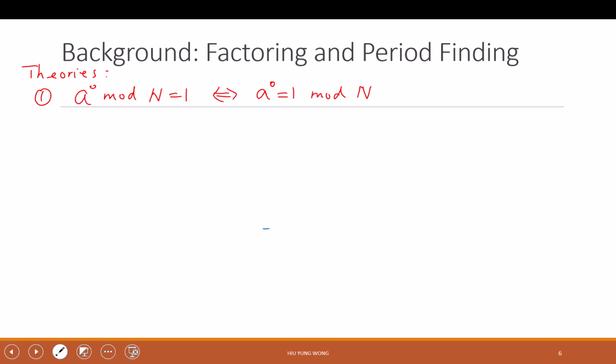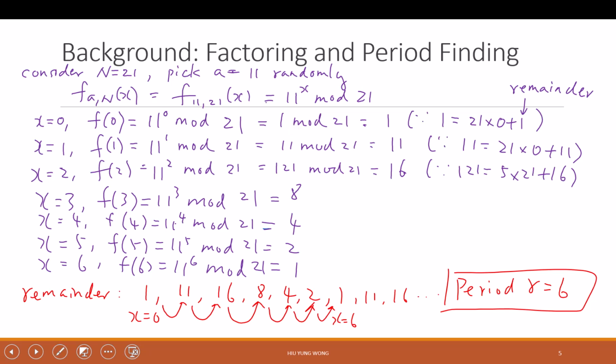Okay? That is why I say that, for example, if the period is R, what does it mean? It means a to the R mod n equals what? Let me recall what the period is. First, the function is a to the power x, right?